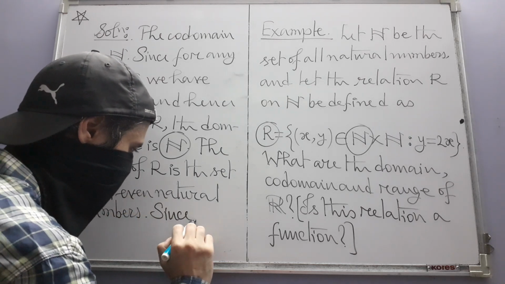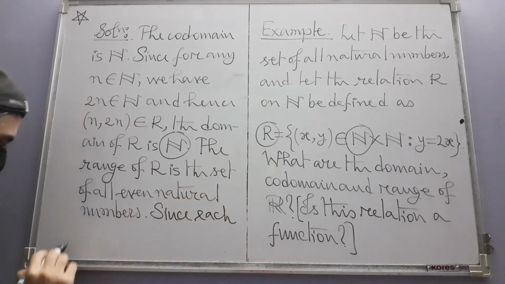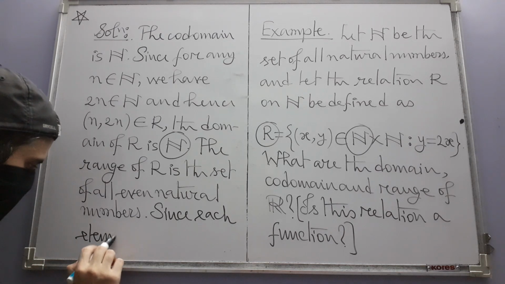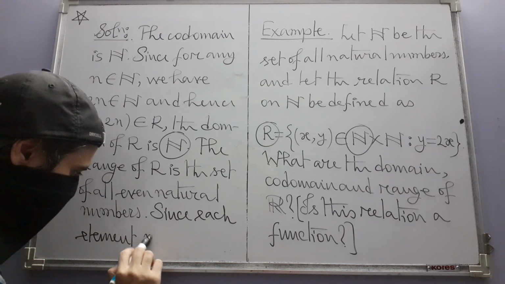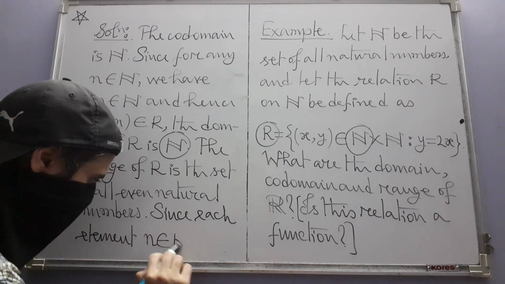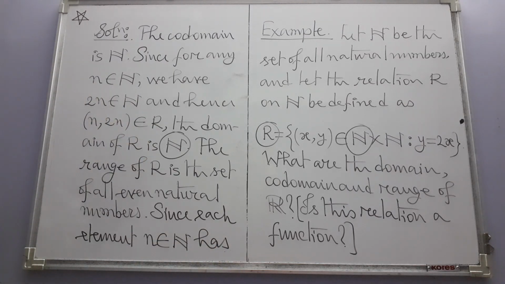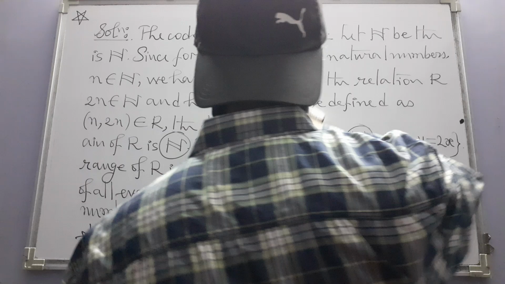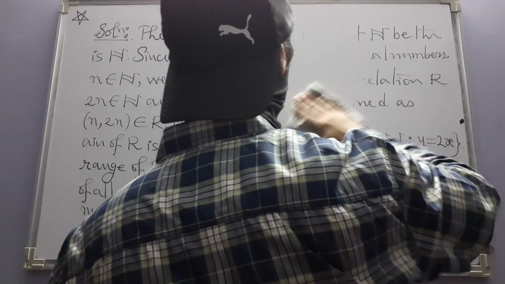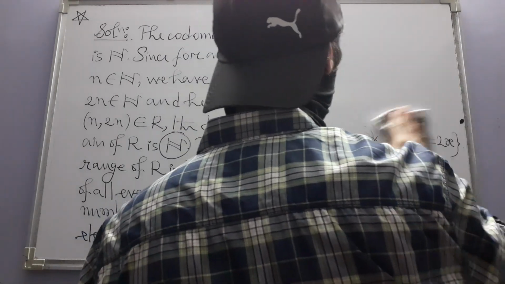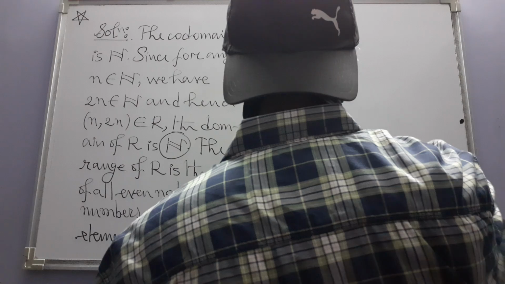Since each element has the unique image 2n, so R is a function.